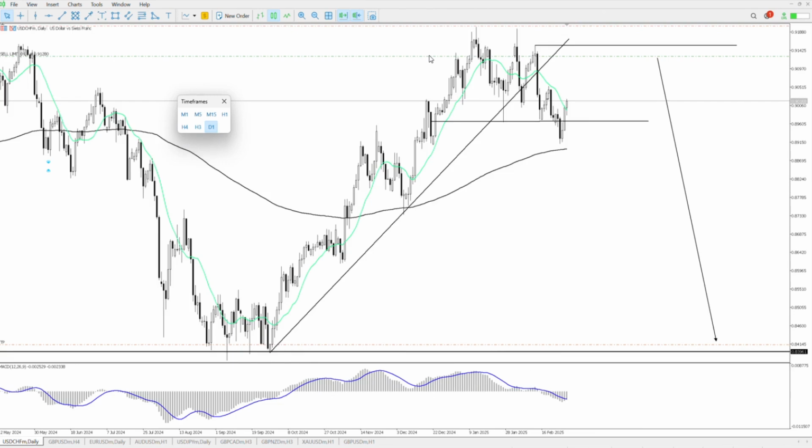This pair is just the opposite of EURUSD. They move in opposite directions, relatively, not all the time, but this is just the inverse. So we have an overall bullish trend on the daily time frame.